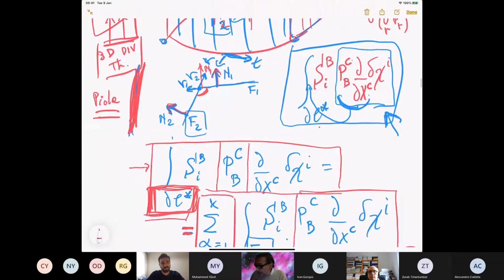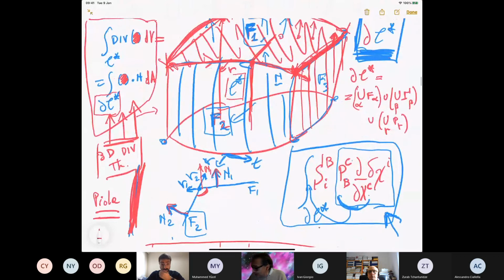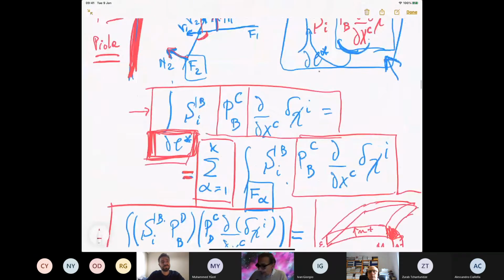The difficulty which we must now face is that after the first integration by parts, we have a surface integral.